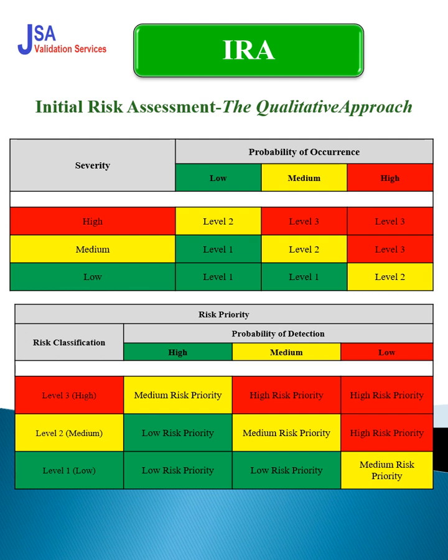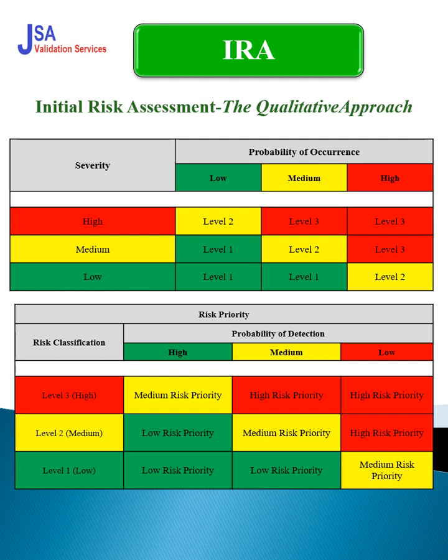So if we have high severity and low probability, then it will go to risk classification level 2. Yellow color shows level 2. If we have severity high and probability of occurrence medium, we don't have such controls.